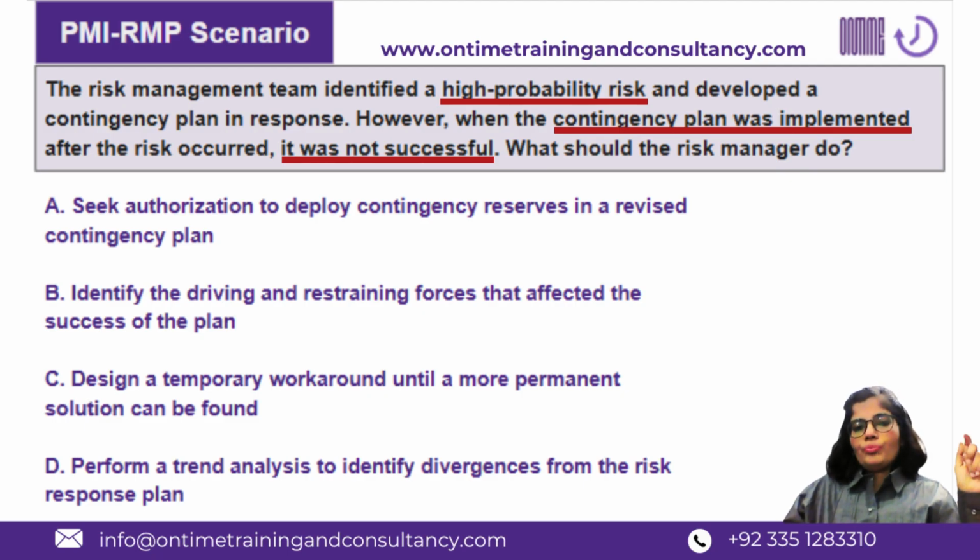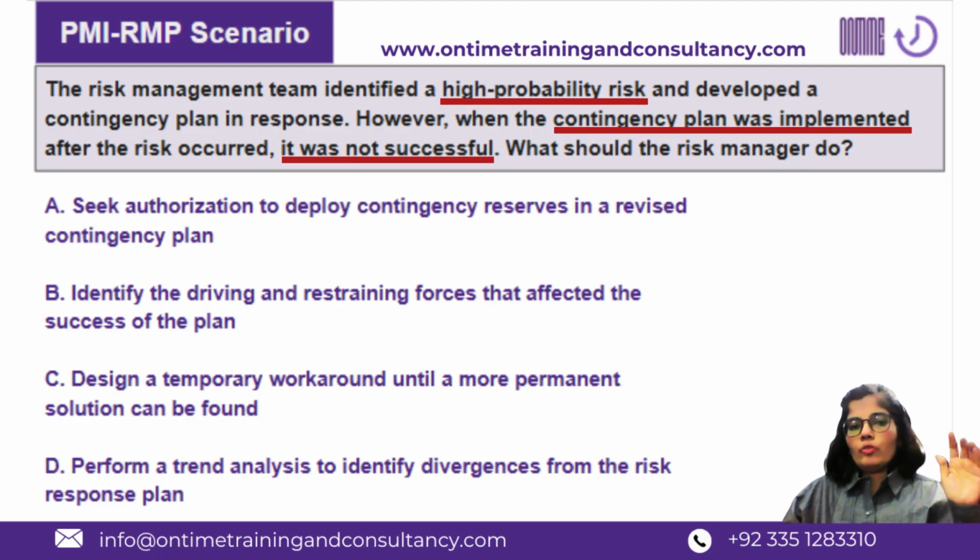See, whenever the primary risk response fails, that actually makes the risk an issue, or it could be the other way around as well. Maybe the response plan suggests that when the risk occurs, in case of accept response strategy, then you are going to apply the contingency plan.